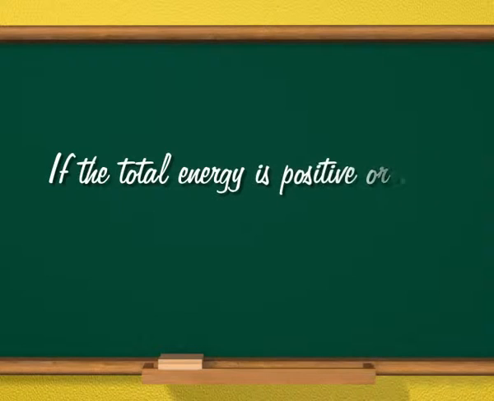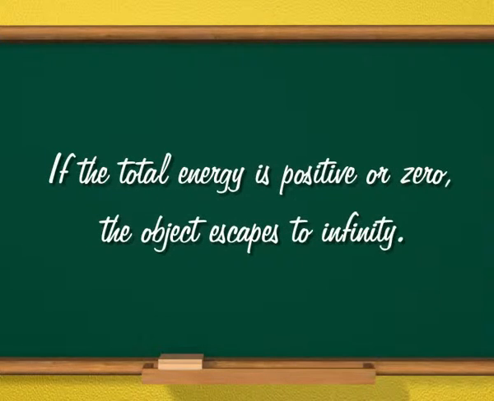When the orbit of a satellite becomes elliptic, both the kinetic energy and potential energy vary from point to point, but total energy remains a constant, which is negative as in case of a circular orbit. This is what we expect, because if the total energy is positive or zero, the object escapes to infinity.